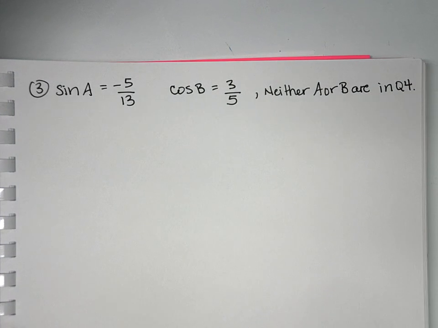I'm going to be told what the sine of A is and told what the cosine of B is, and I'm told that neither of them are in quadrant 4. So what these are leading you to have to do is draw out the triangle.